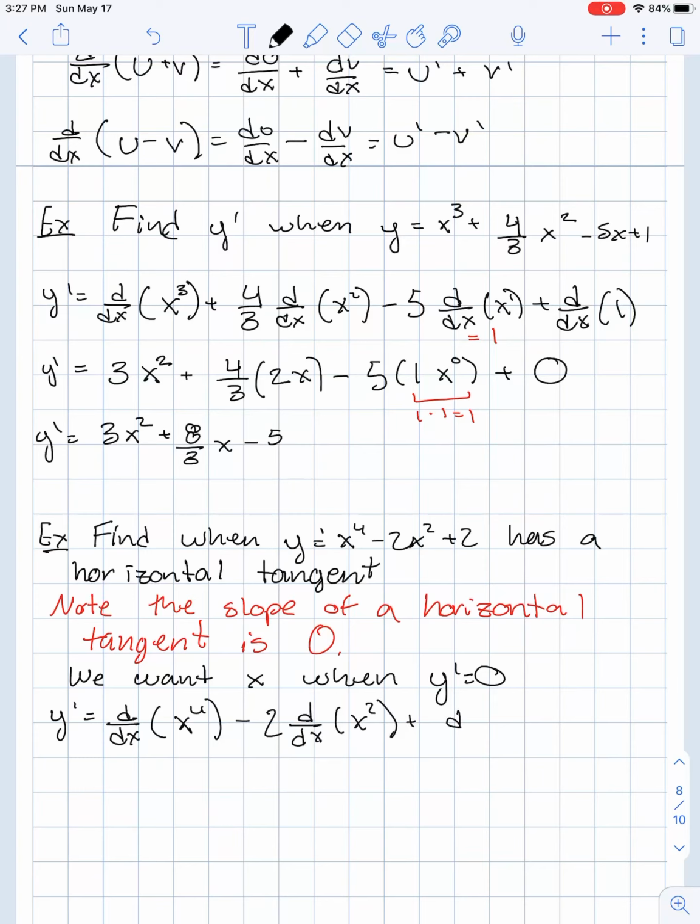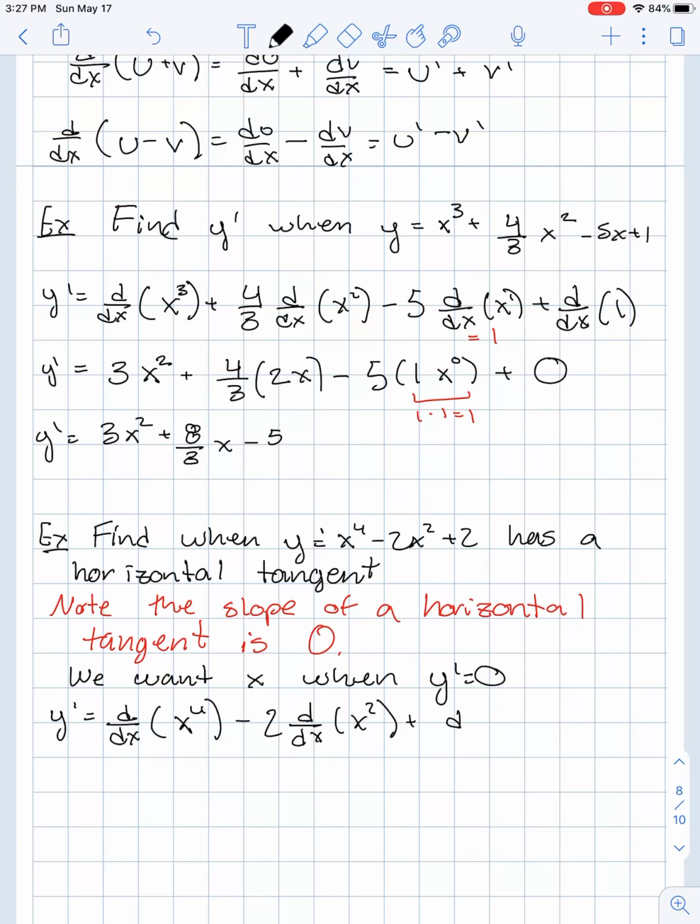So find y prime when y equals 1 divided by x times x squared plus e to the x. What I like to do is call one of them f and one of them g. So let's call f of x 1 over x, and let's call g of x the other one, x squared plus e to the x. So we need to find f prime and g prime.